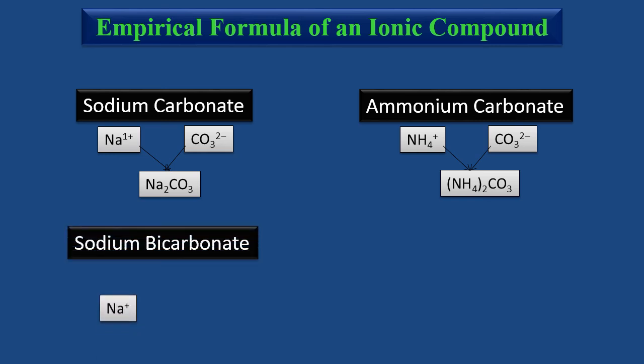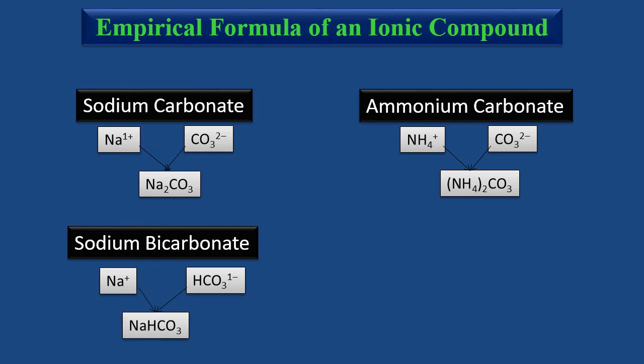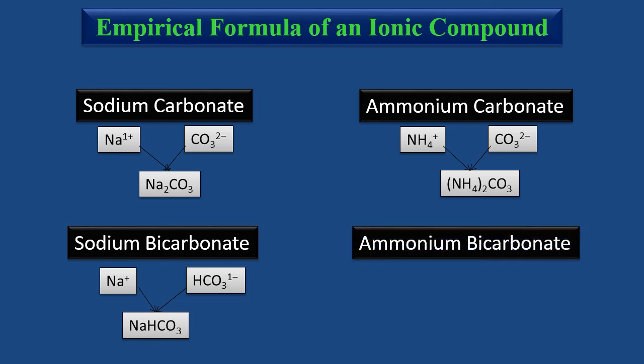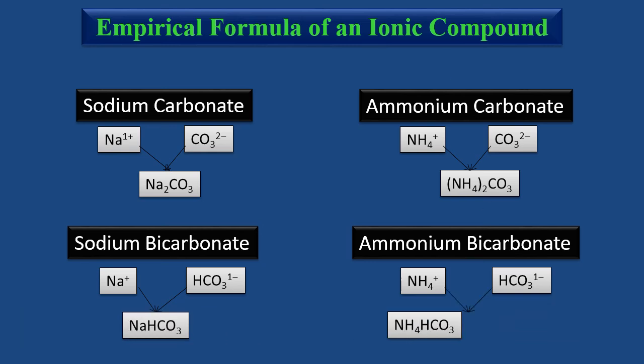Now sodium bicarbonate, sodium and bicarbonate ion have same valencies, so we write as such, NaHCO3. Ammonium bicarbonate, both have same valencies, one positive and one negative, so we are left with NH4HCO3, ammonium bicarbonate.